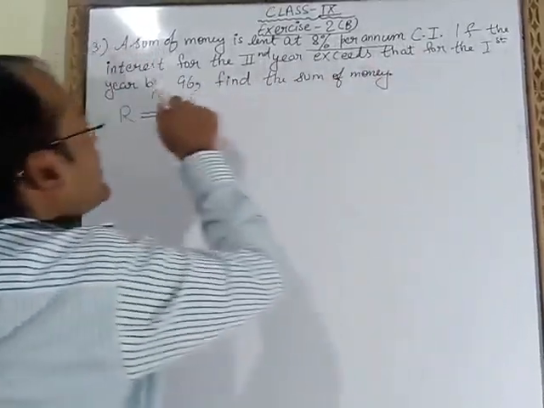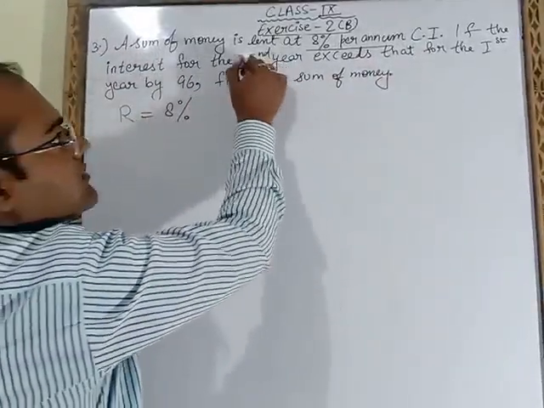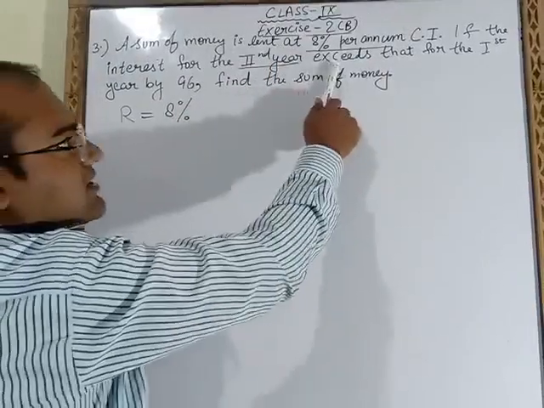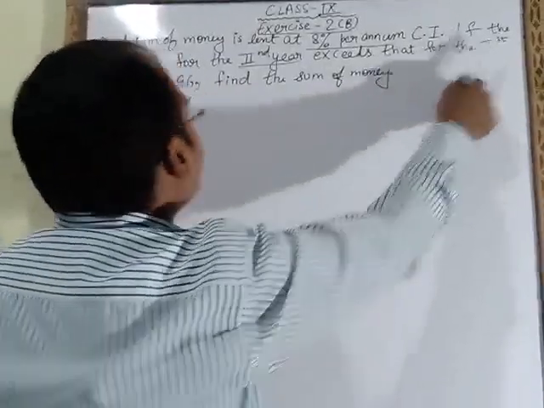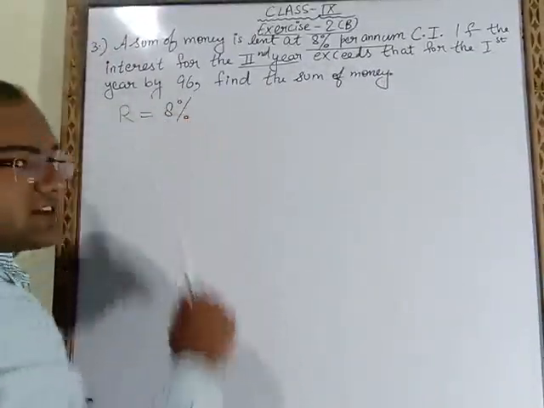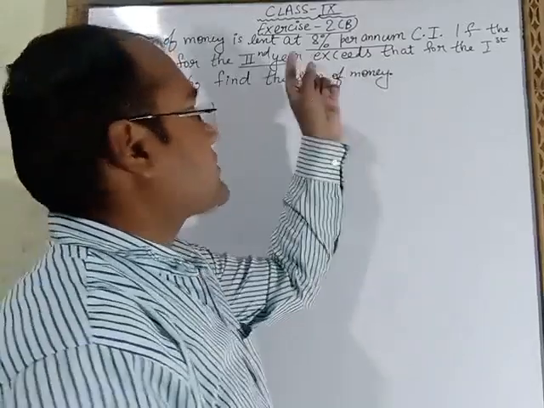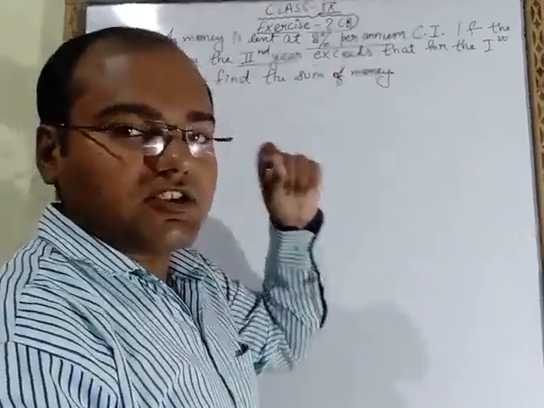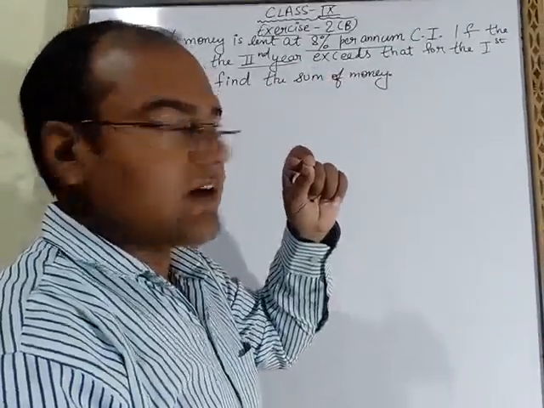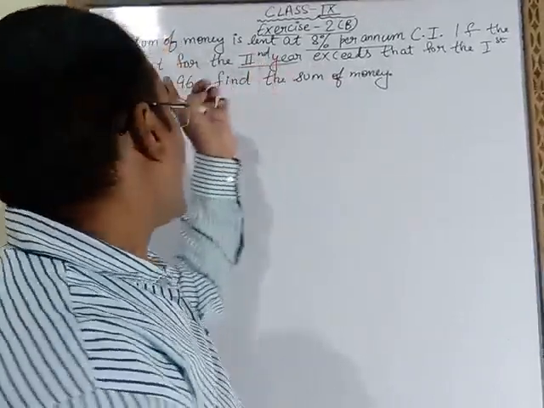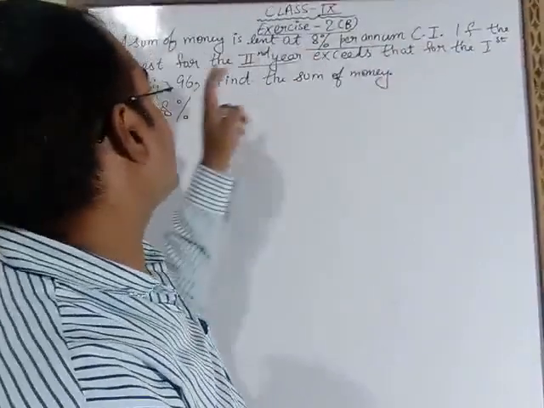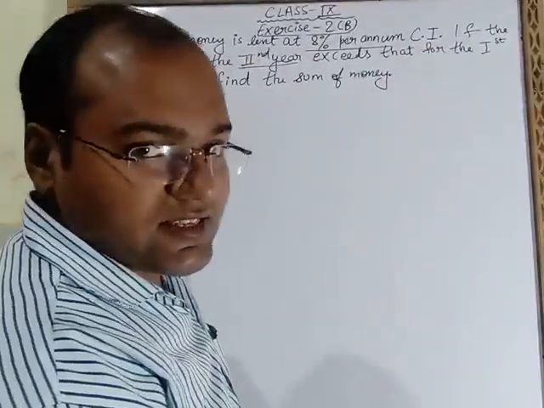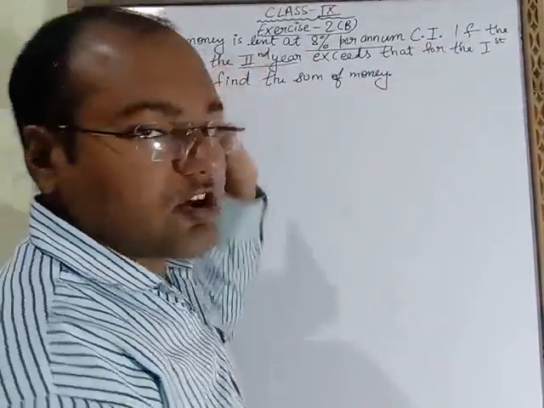If the interest for the second year exceeds, meaning is more than that of the first year, by 96. What is given here? Interest of second year is more than interest of first year, and how much more? 96. Or you can say interest of first year is 96 less than the interest of second year.